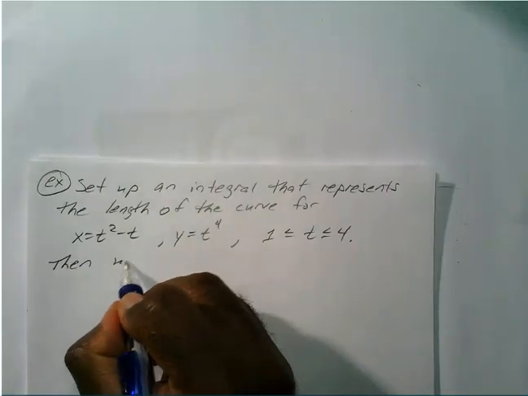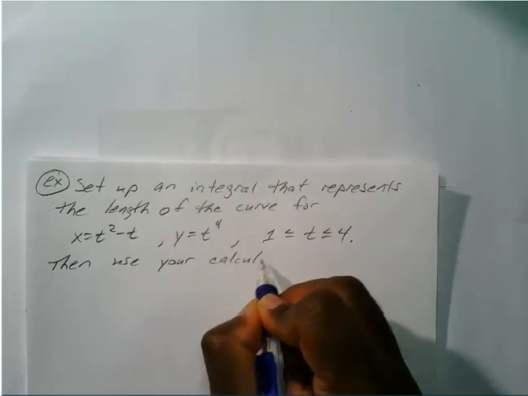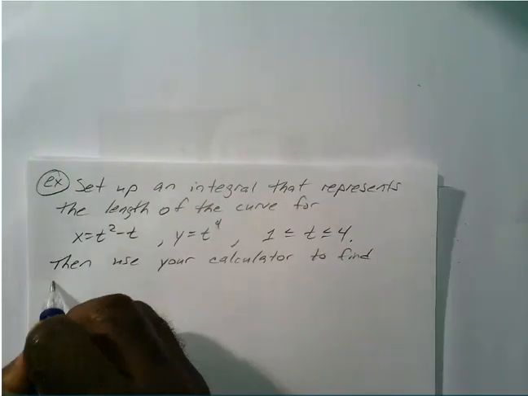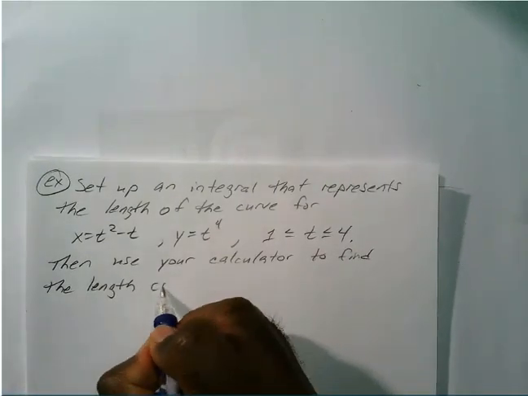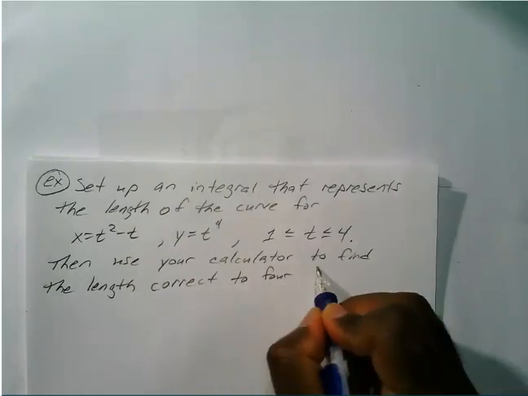Then you're going to use your calculator to find the length correct to 4 decimal places.